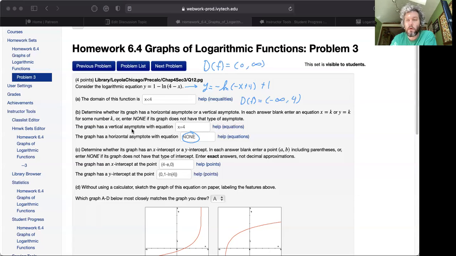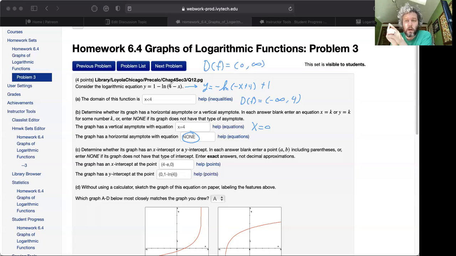The vertical asymptote is normally x equals 0. Because of the reflection inside, and because of the negative here for the x, and the plus 4, that's a horizontal reflection and a horizontal shift.